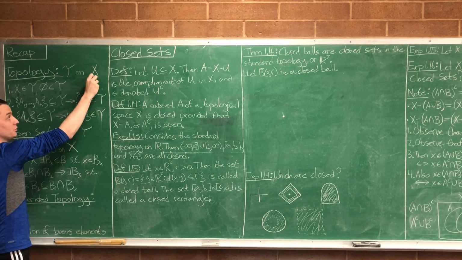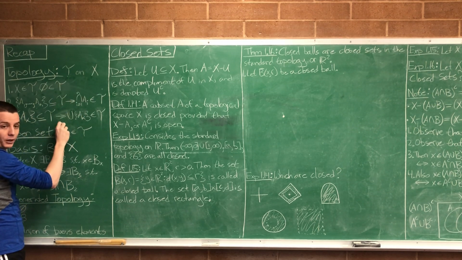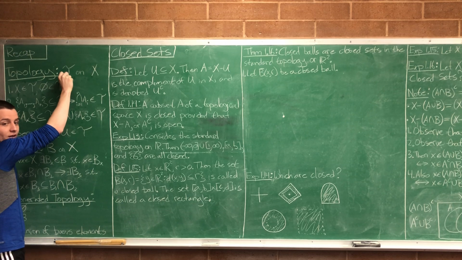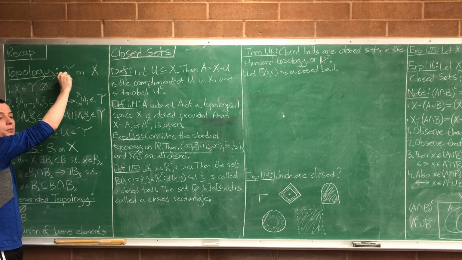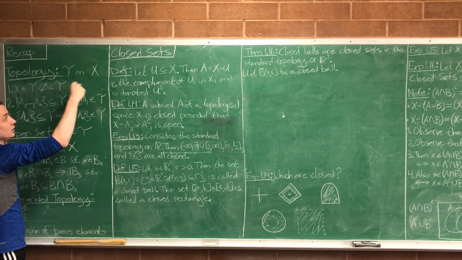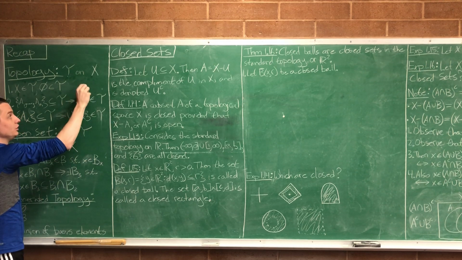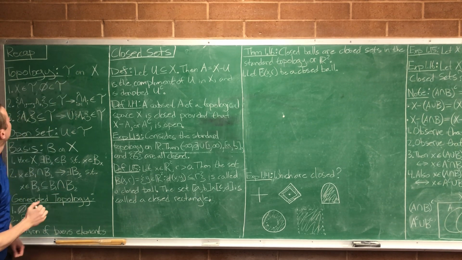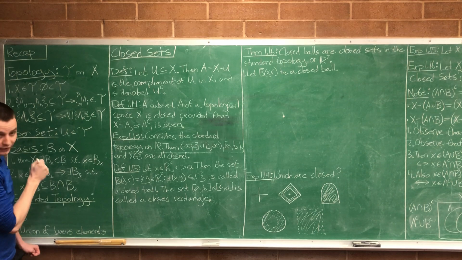We call the sets in tau open sets. If I say U is an open set, you know that U is a subset of X that is contained in this collection of subsets. Okay. So that's what an open set is.